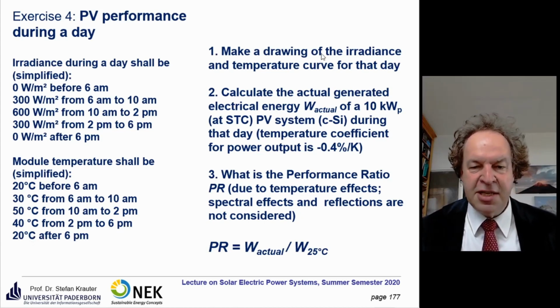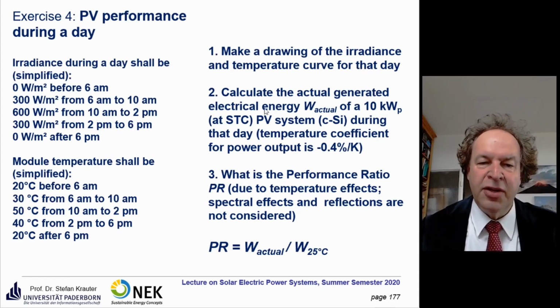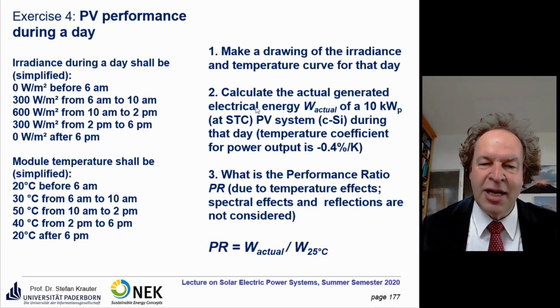So the first task for you is to make a drawing of the irradiance and temperature curve during that day, and then you should calculate the actual generated electricity during that day for a 10 kilowatt peak PV power plant. Remember, this index p means that it's measured under standard test conditions.